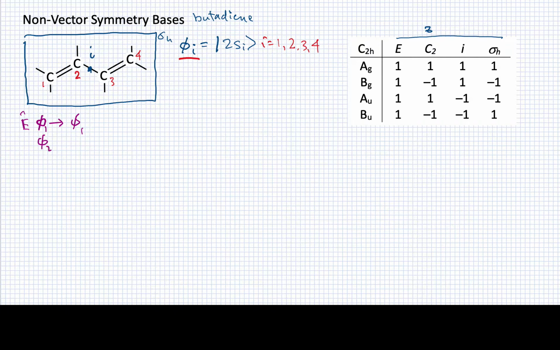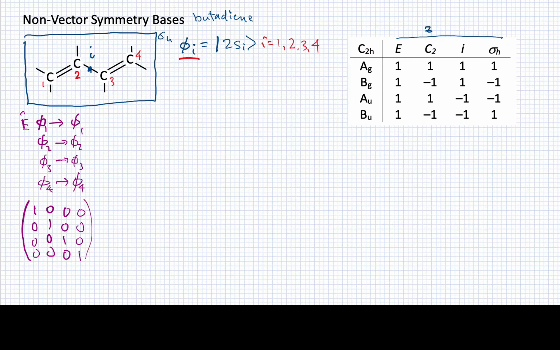If it operates on phi2, it will give us phi2, and the same thing for phi3 and phi4. In other words, it gives us the same thing no matter what. If I were to represent this as a matrix, I might represent it as 1, 0, 0, 0, 0, 1, 0, 0, 0, 0, 1, 0, 0, 0, 0, 1. It's basically the identity matrix. And implicitly, this is multiplying a vector of these functions.